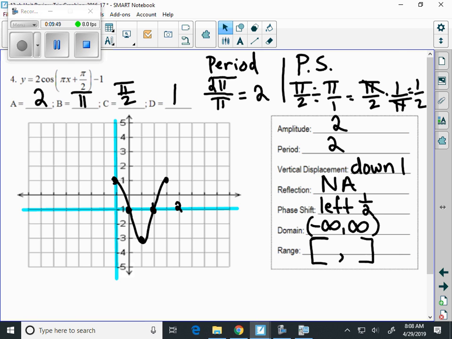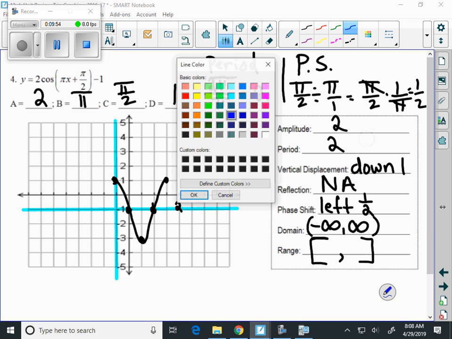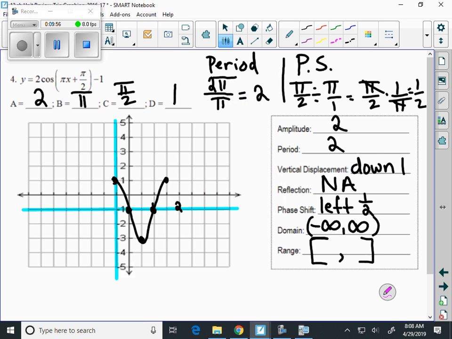And let's continue drawing periods. I'll let you check it on the calculator. And all that we're doing is we're copying the pattern.